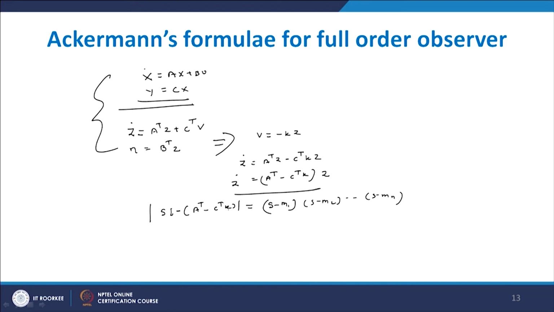Now, if you find the eigenvalues of A transpose minus C transpose K, it is the same as the eigenvalues of its transpose. So, if you take the transpose of this particular matrix, what will we get?